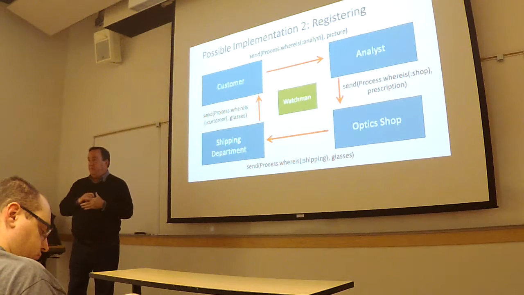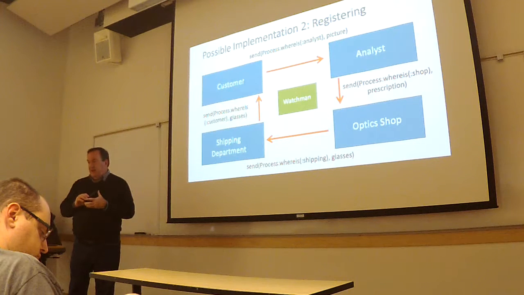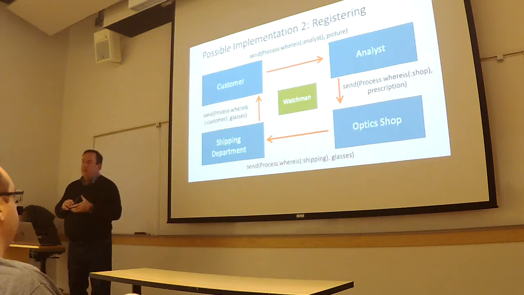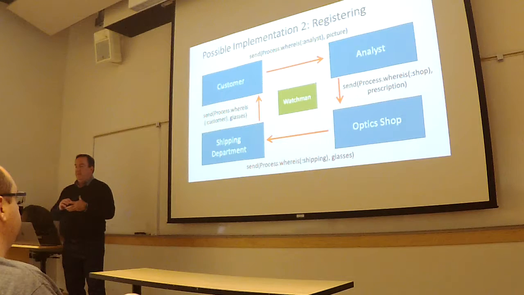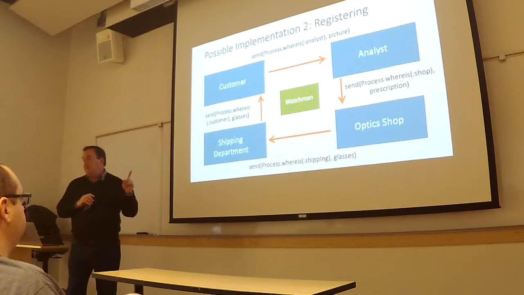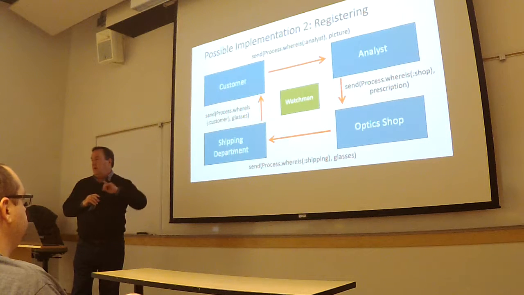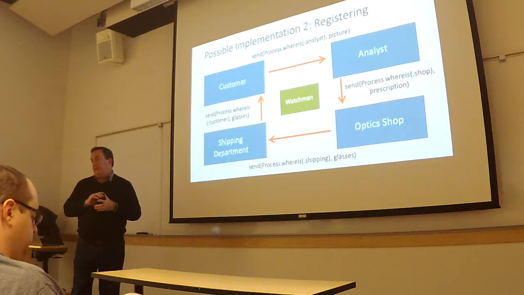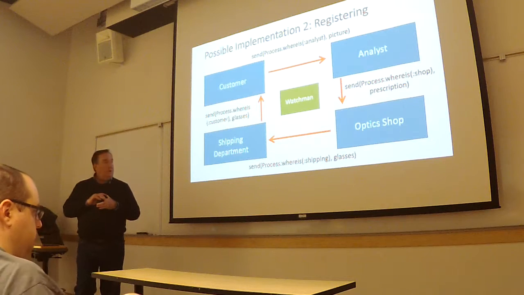Yeah? What about the time when the optics shop is down? So there is a slight issue with potential race conditions that way. So you do have to be somewhat careful of that. But remember, the communication is send and pray anyway, so there's all kinds of other things that can prevent that message from going through.